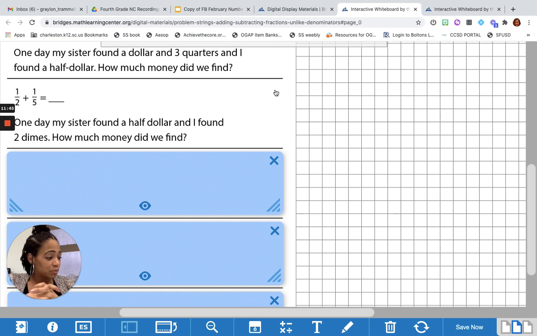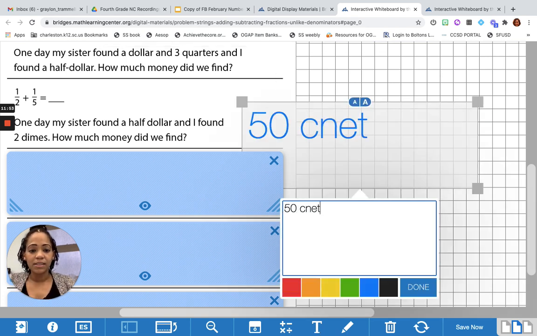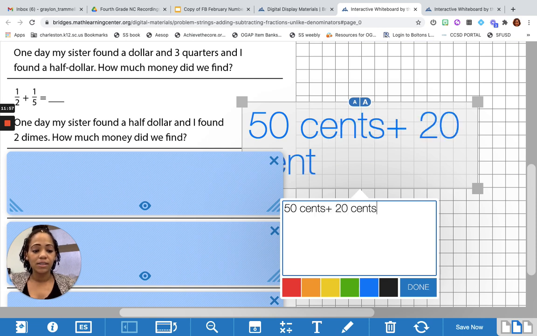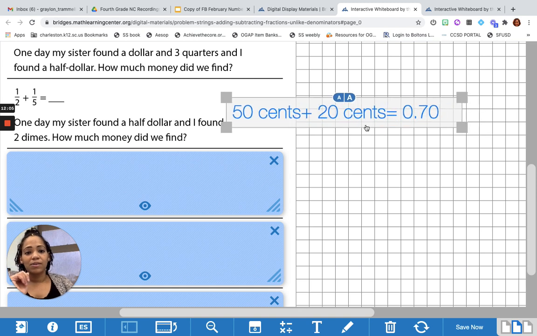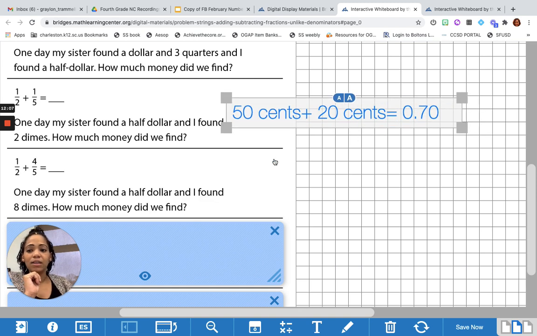So now how much money do I have? Yeah, so I have 50 cents plus 20 cents, which equals 70 cents. And I'm going to write it as a decimal. You with me? Great. We are moving right along.